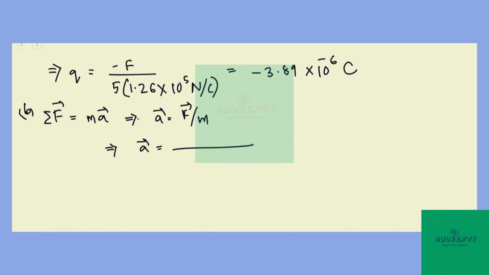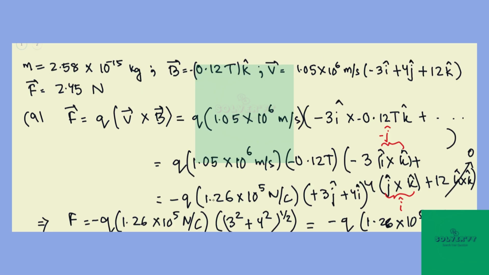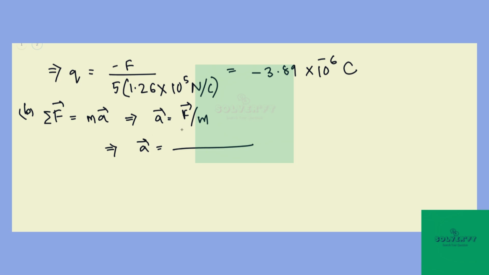So that is equal to Q times this value, and we have already calculated the value of Q. So we use that and we get this value to be 0.49 meter times 3 j cap plus 4 I cap.